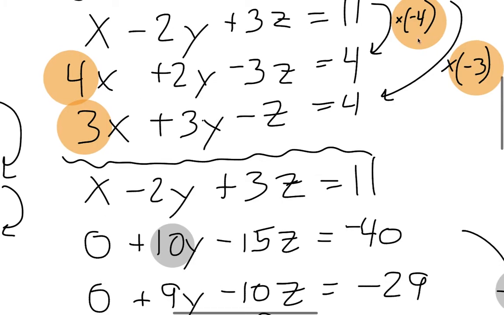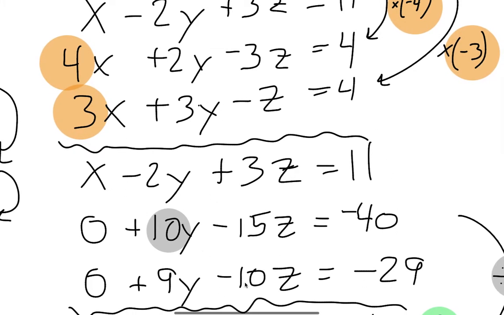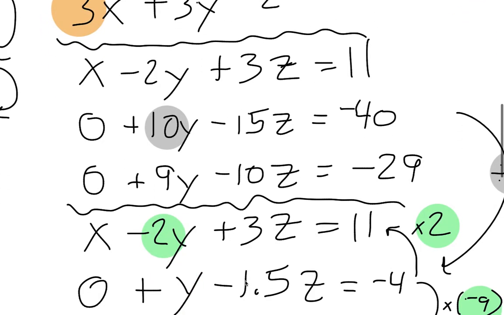Negative 2y times negative 3 is positive 6y plus this 3y is 9y. 3z times negative 3 is negative 9z plus negative 1z is negative 10z. 11 times negative 3 is negative 33 plus positive 4 is negative 29. All 3 equations are now different.